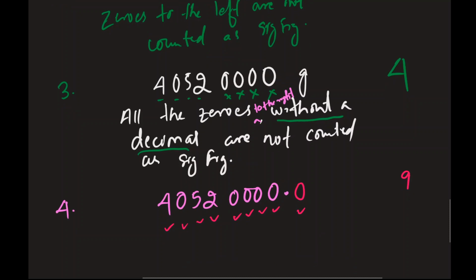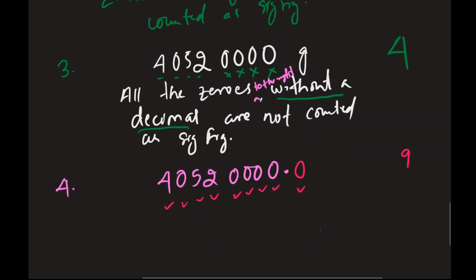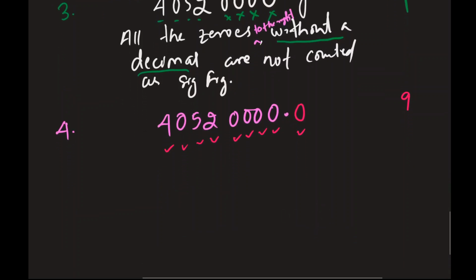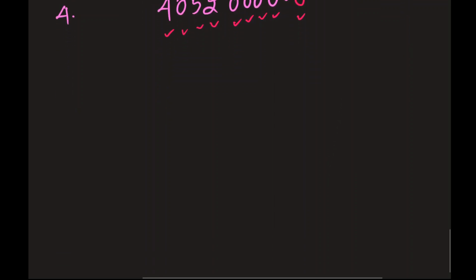Good. If you have any questions, go back, recap the video a little bit, and then we'll go from there. Okay, so let's do a recap. Let me give you examples and tell me how many sig figs we have in each. Here is example 1.